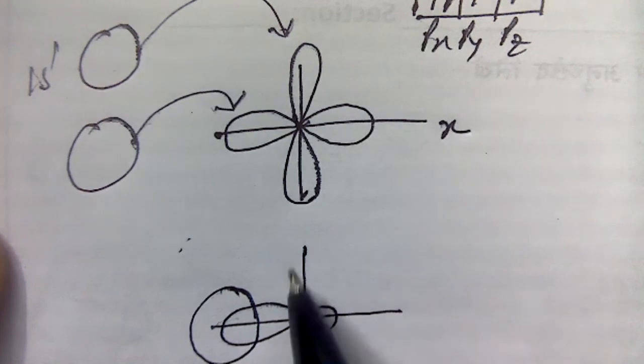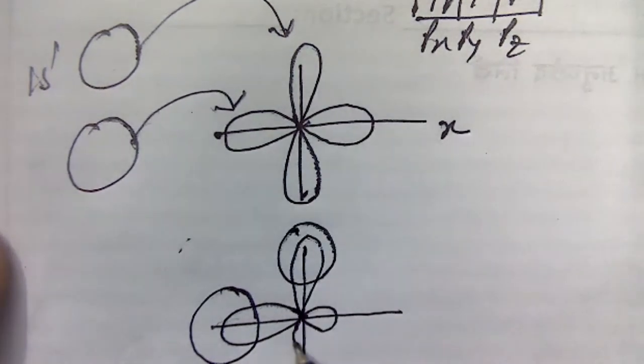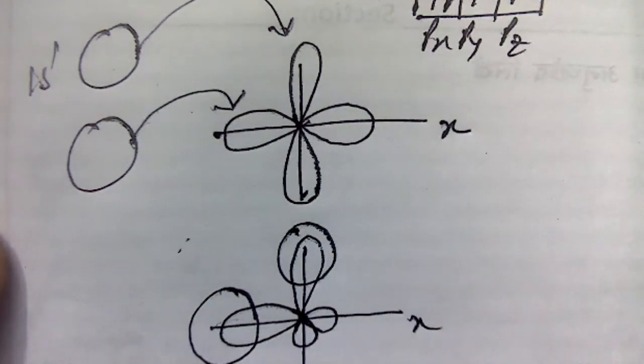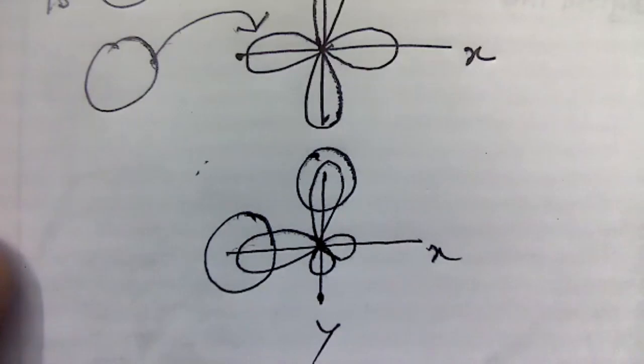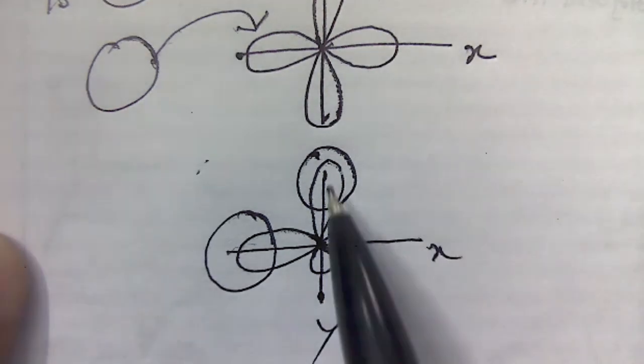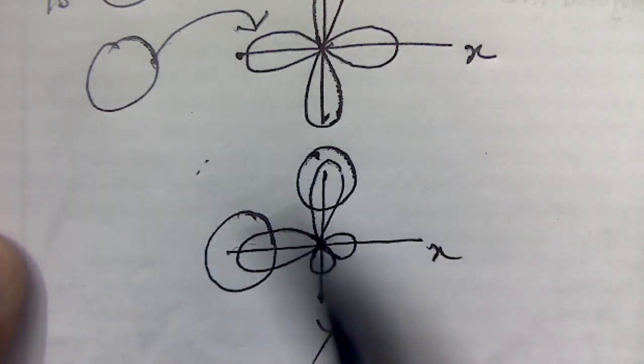And y-axis overlapping will form this, and this will become smaller, isn't it? The overlappings are taking place, but the orbitals are directed along the x-axis and y-axis.